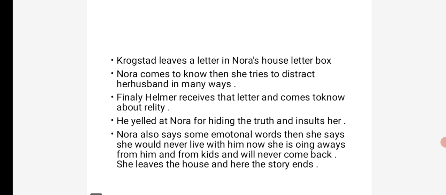So moving to the next slide, Krogstad leaves a letter in the letter box inside Nora's house, and Nora comes to know and tries to distract her husband in many ways.